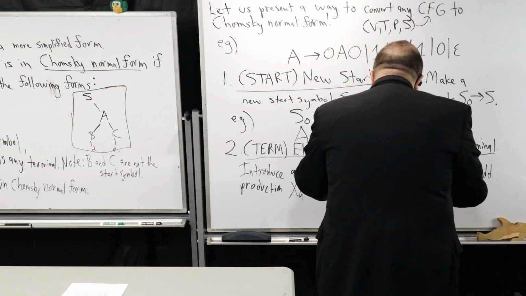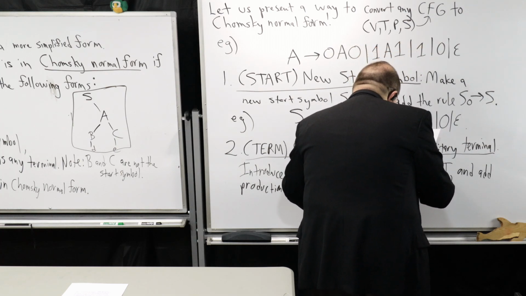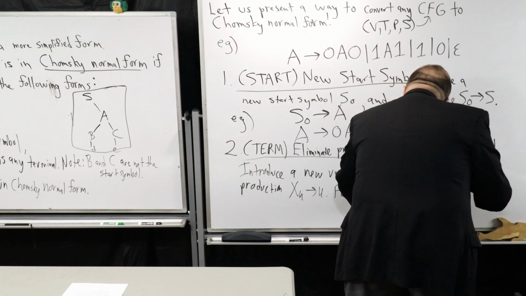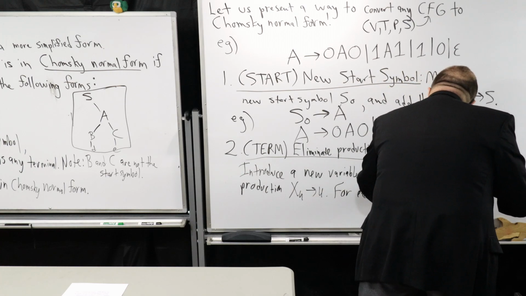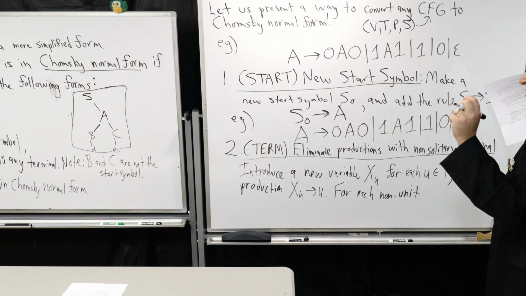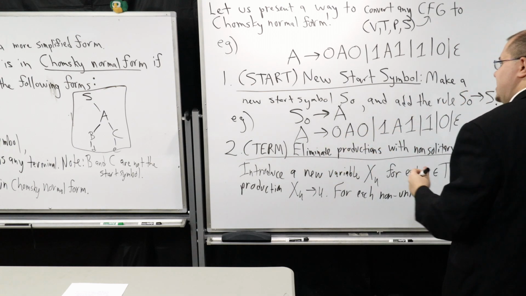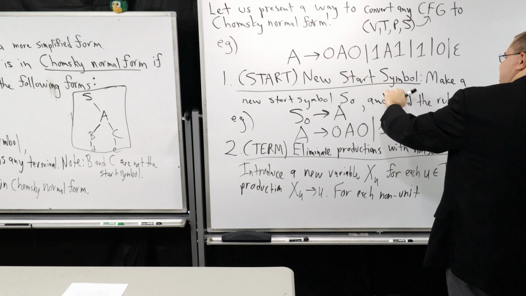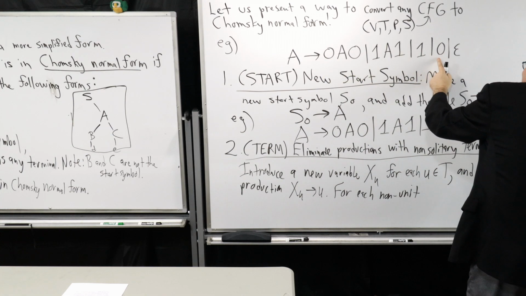Now the second part of this is quite simple. For each non-unit production rule, remember that means it has two or more symbols in its body. For example, this is non-unit, that's non-unit, this is unit, that's unit, that's unit.